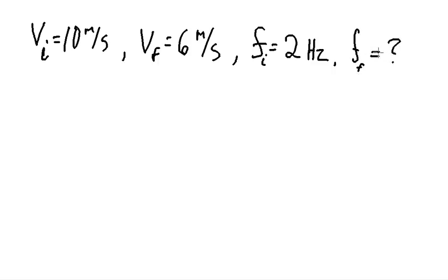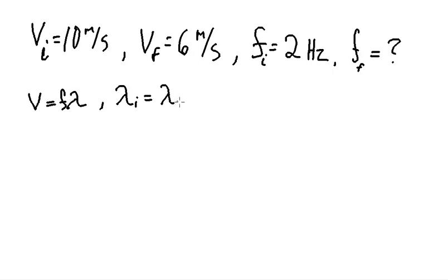All right, so we don't have an equation relating these 4 variables. So what we should just do is start by writing what we do know. We know that the velocity of a wave is the product of its frequency and wavelength. And what we also know is that the initial wavelength is equal to the final wavelength.